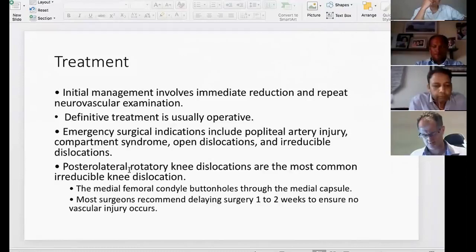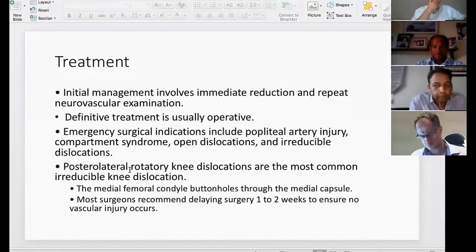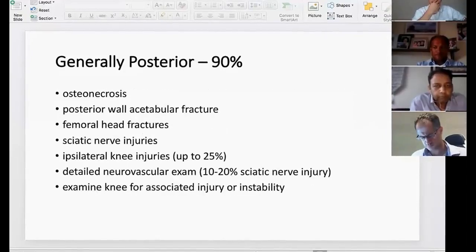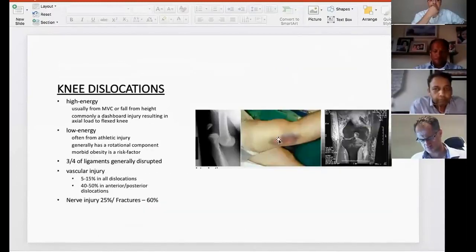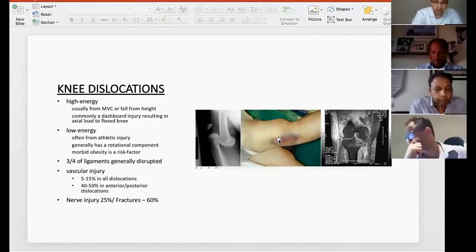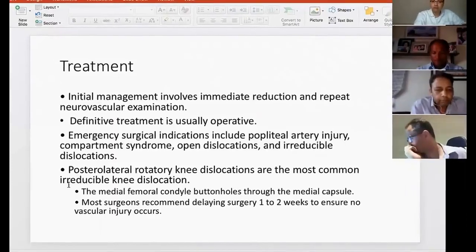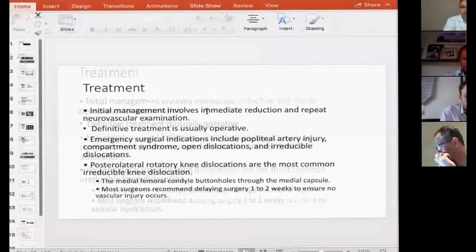Irreducible dislocation, I have shown you the picture: when you see a puckering of the skin on the side, it means that it has buttonholed through the knee capsule, and it's very unlikely that it's going to reduce itself or reduce closed. So then you have to start thinking about open reduction.